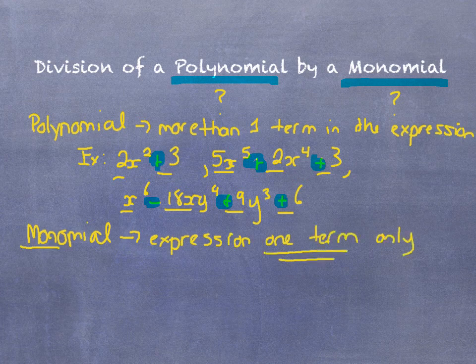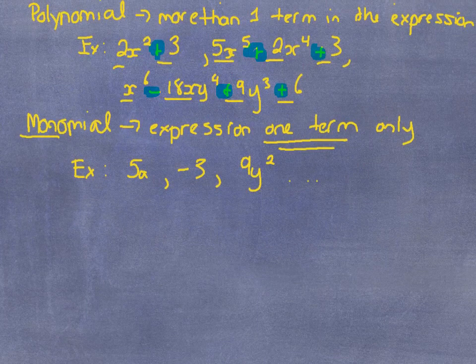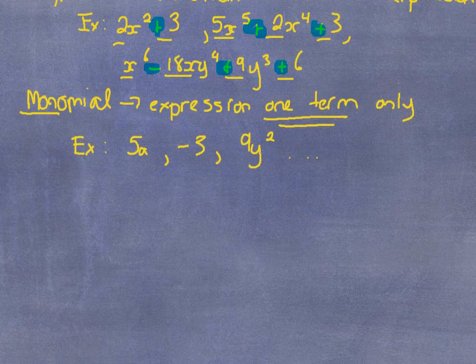Okay, so examples, you could see 5a, negative 3, 9y squared. These are all examples, etc. Okay, so now we're going to learn how to divide a polynomial by a monomial.